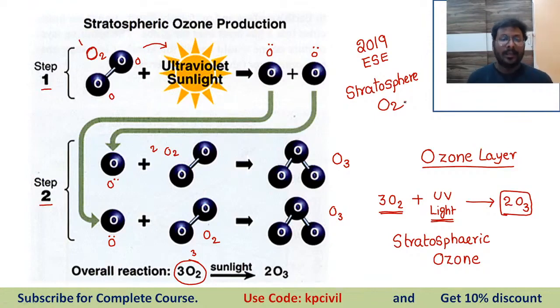But mostly we are going to answer ozone. Ozone is not the answer. Remember it. This is given in General Studies paper 1, common for all branches. Stratospheric oxygen is responsible for interacting with the UV light. Got it?